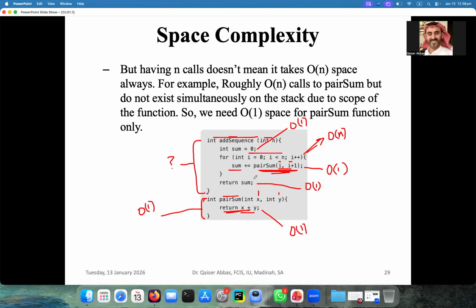So order of 1 time only. It is not in process. When you go for i equal to 0, and then i equal to 1, you are calling it again, adding, returning, and finished. Order of 1 again.